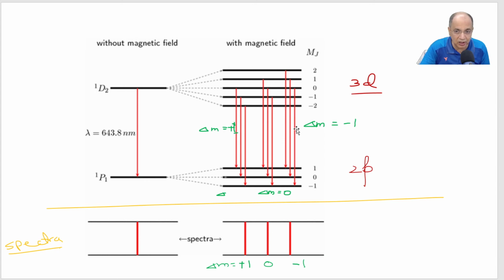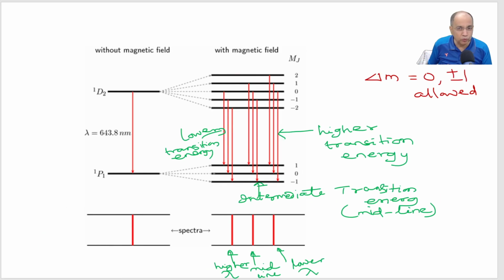Since these are equally spaced, and this the middle one, this is the least energy difference, this is the intermediate energy difference, this is the maximum energy difference. So there are 3 transition energies, 3 lines. Am I not repeating? Am I not boring you? If so, let us proceed. Same thing I have done again.